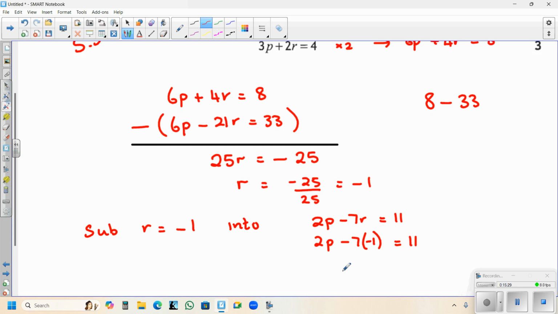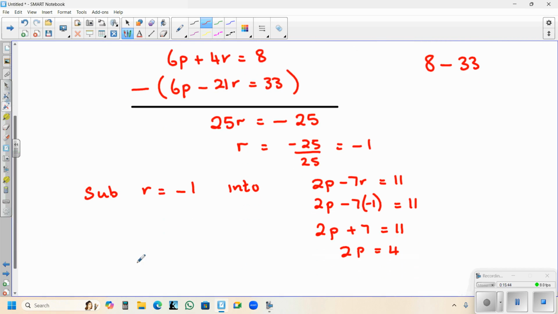So 7 lots of negative 1 is going to give me plus 7. That's equal to 11. So 2p is equal to, take 7 away from both sides, 7 away from 11 gives us 4. If 2p is 4, then we want to divide by 2, so p is equal to 4 divided by 2, which is 2.